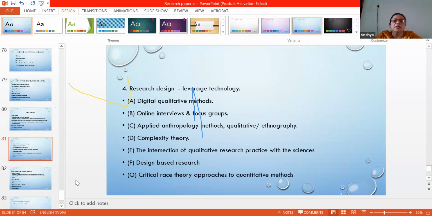How you can explore those technological tools, techniques and resources for preparing your own research design, it will be better. So using the technology, you can refine your research design, or you can formulate design-based research, and you can design the problems and design the solutions, and based on the solution, you can design your own methodology.